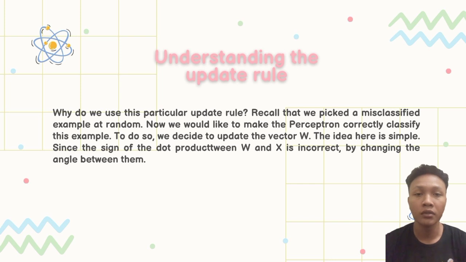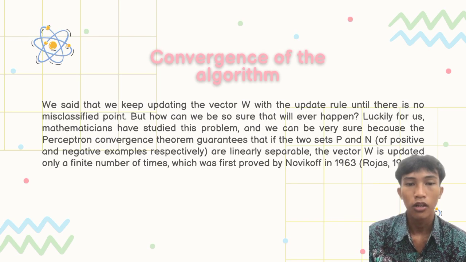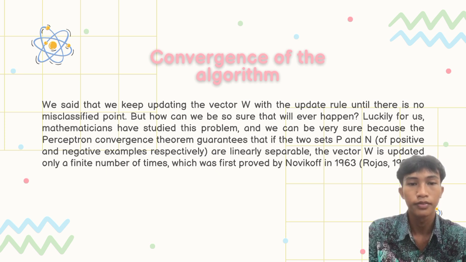Since the sign of the dot product of w and x is incorrect, we change the angle between them. Regarding convergence of the algorithm, we keep updating the vector w with the update rule until there is no misclassified point. Luckily for us, mathematicians have studied this problem and we can be very sure, because the perceptron convergence theorem guarantees convergence if the two sets are linearly separable.